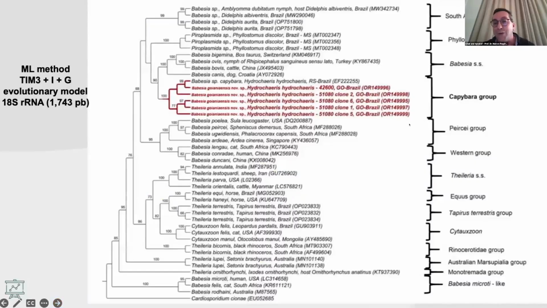So again, we discovered another phylogenetic clade, which was distinct from other phylogenetic clades that have been shown before. So we add a novel phylogenetic clade. We called it the capybara group, and it is very distinct from all other Babesia clades.